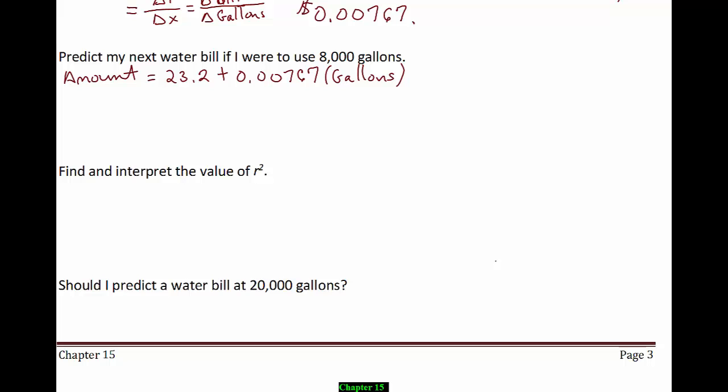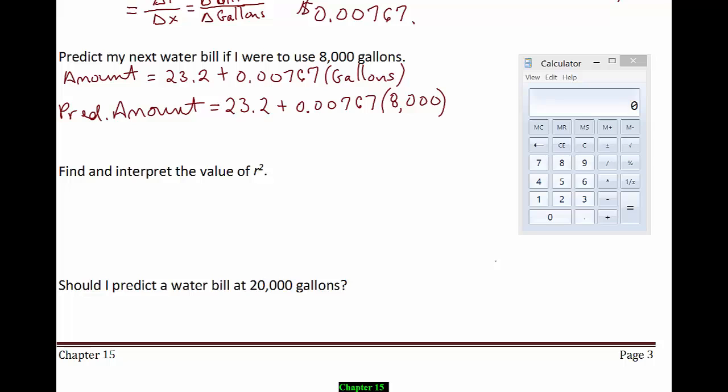So now let's predict a water bill for 8,000 gallons consumption. The way that we make predictions is to simply plug in our x value into the regression equation. So our predicted amount is 23.2 plus 0.00767 times our x value of 8,000.